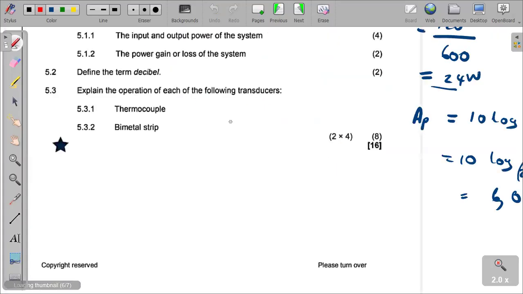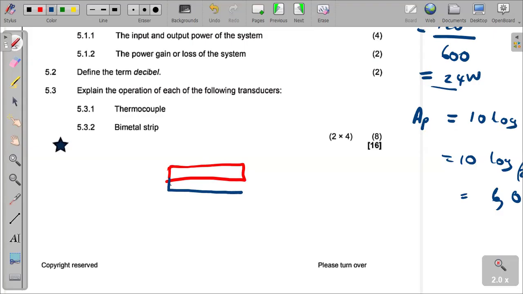The next question, they say the bimetal strip. Just like it as well, the bimetal strip is made up of two metals. Often it's copper and aluminum. I'll just quickly try to indicate them here. So it's usually like this. One is copper and the other one is aluminum.